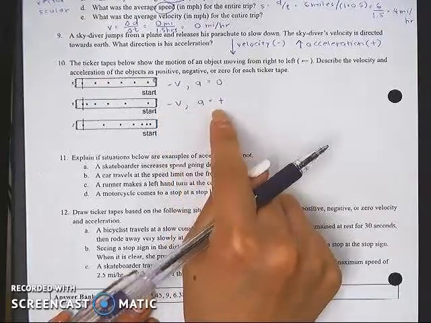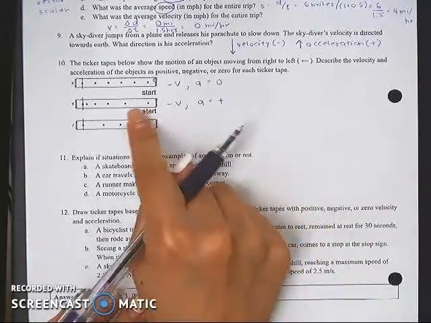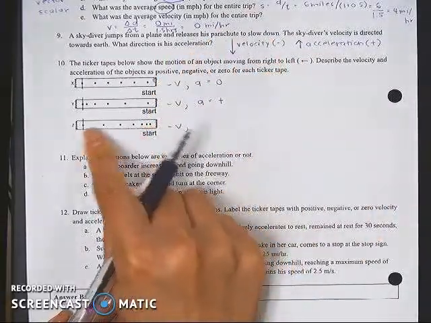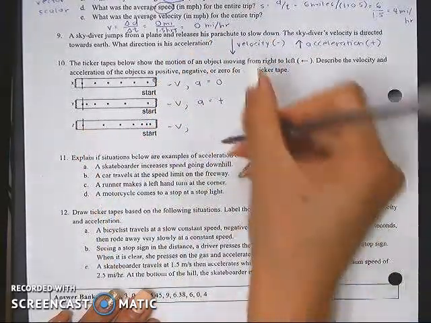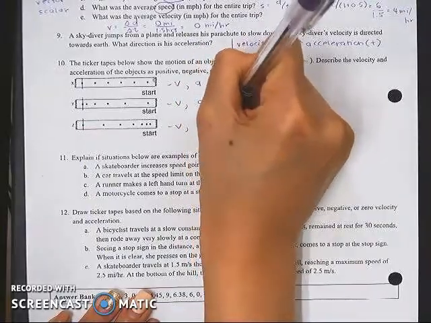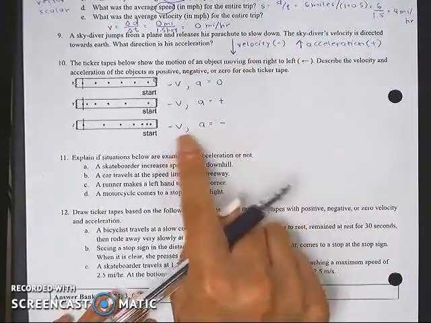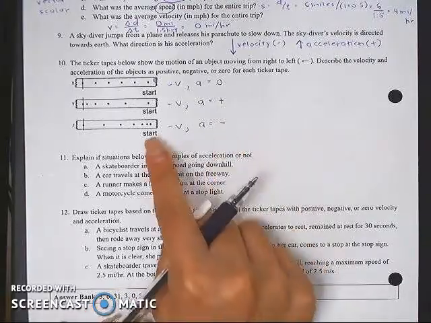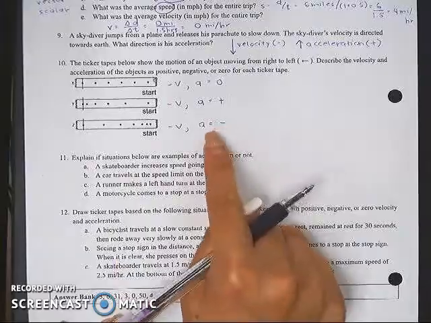These signs must be opposite because the object is slowing down. The last one is also a negative velocity. Because it's speeding up, the acceleration will be negative. They have to have the same sign when they're speeding an object up. It's getting faster and faster in the negative direction, so it has a negative acceleration.